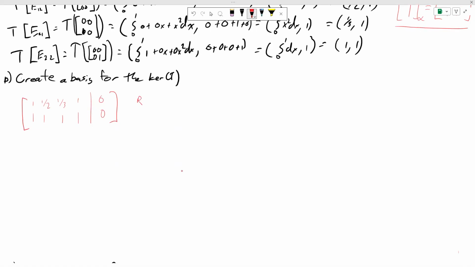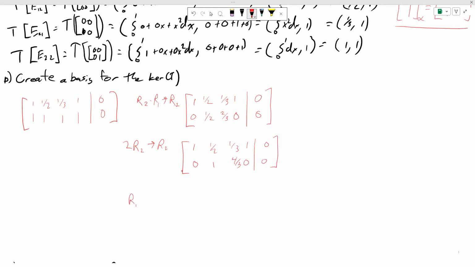So first we create our echelon form. So R2 minus R1 replaces R2, giving us 1, 1/2, 1/3, 1, 0, 0, 1/2, 2/3, 0, 0. 2 times R2 replacing R2 gives us 1, 1/2, 1/3, 1, 0, 0, 1, 4/3, 0, 0.